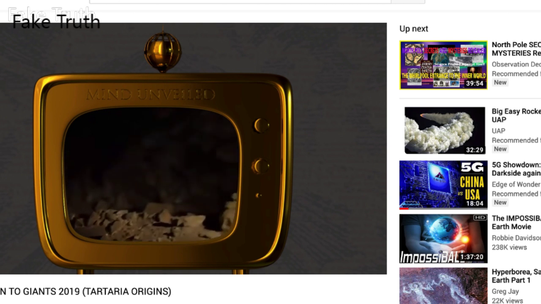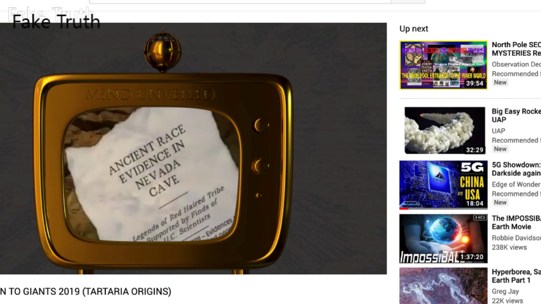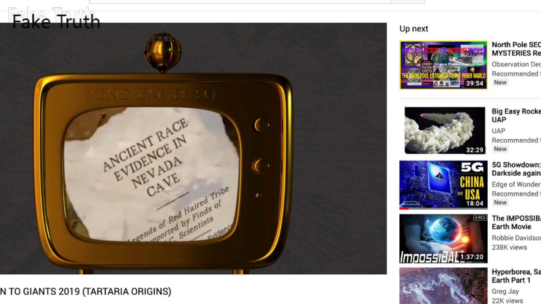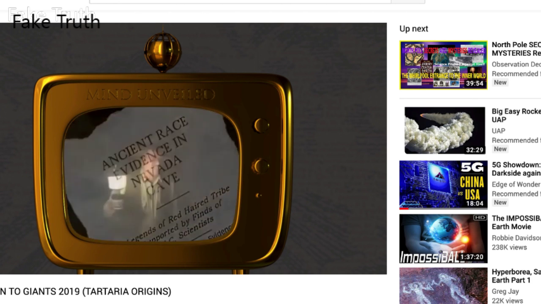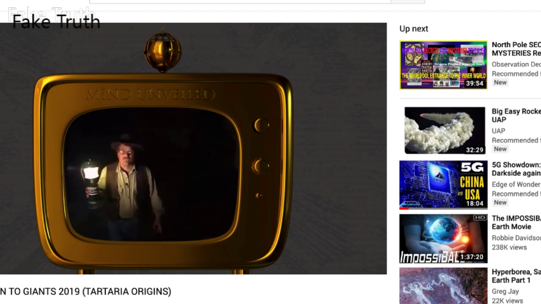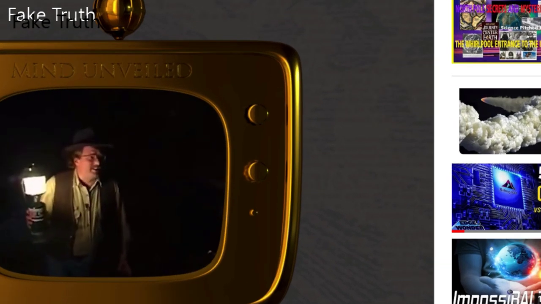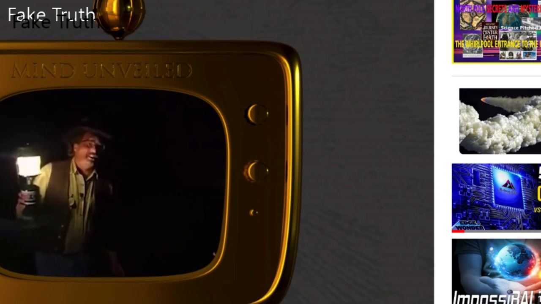But then they made some very unusual discoveries, and those were of red-haired giants that were mummified. These giants were 6.5 to 7 feet tall. In many cases, they were mummified, wrapped up like Egyptian mummies, and they had long red hair going down to their shoulders. The ranchers couldn't explain it. It was the strangest thing they'd ever seen.